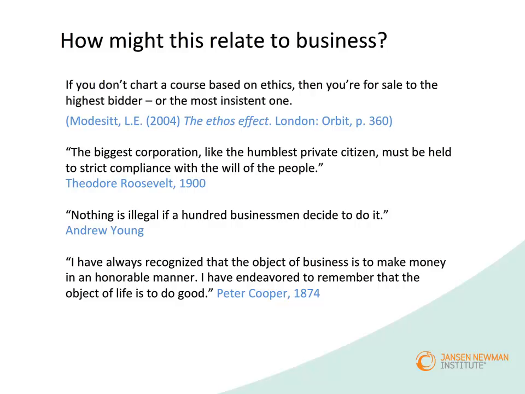Now we ask the question, how might all of this relate to business? And you might think that if it's true of individuals that they go through stages of moral development, perhaps that's also true of organisations and businesses. And I would think that's true, and there are writers who have explored that question.